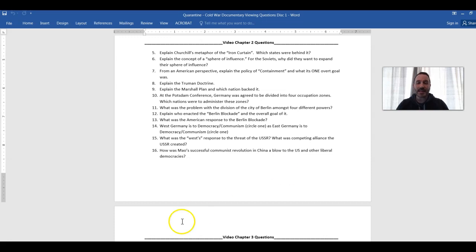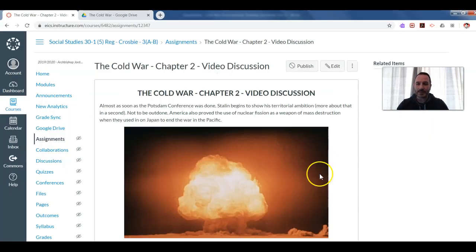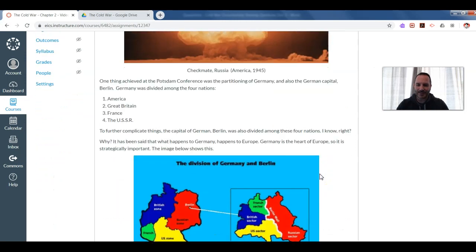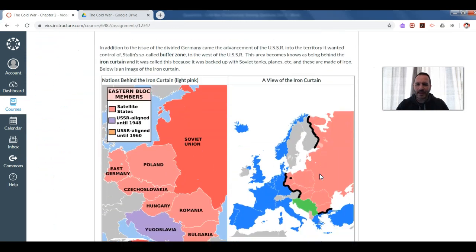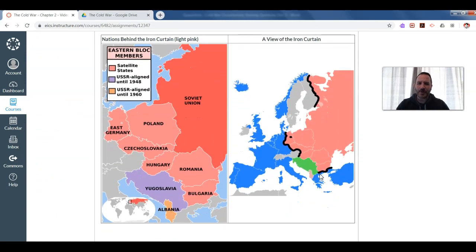Now, which states are behind it? Let's have a quick look here. In this particular part of your learning modules here, we can see the nations behind the Iron Curtain. So in this view here, we have the Soviet Union, which is basically this country right here, right? And then we see these nations right here, which are behind the Iron Curtain.